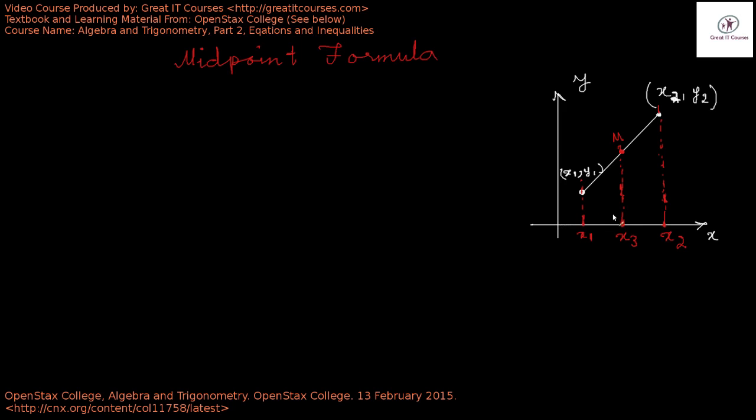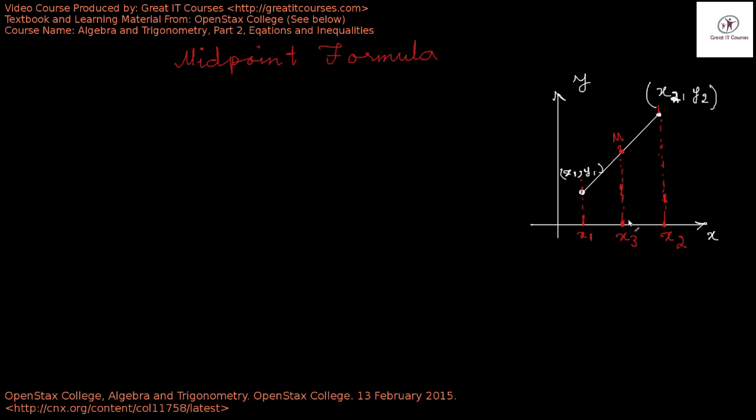But in order to actually get to the point x3, the problem is that I need to get from x1 to x3, and I don't know the length between x1 and x3 in terms of x1 and x2. So now all I need to find out is the length between x1 and x3.